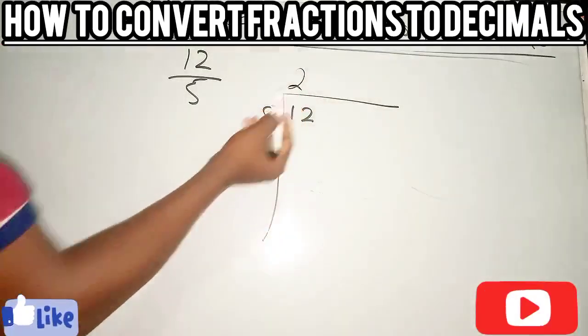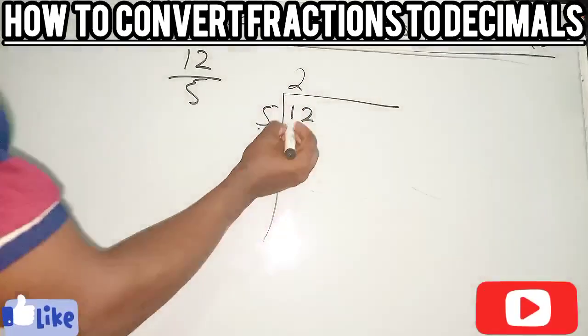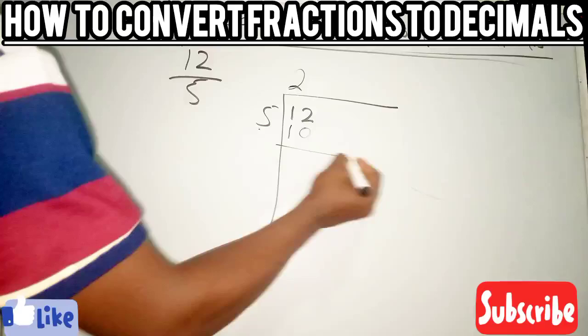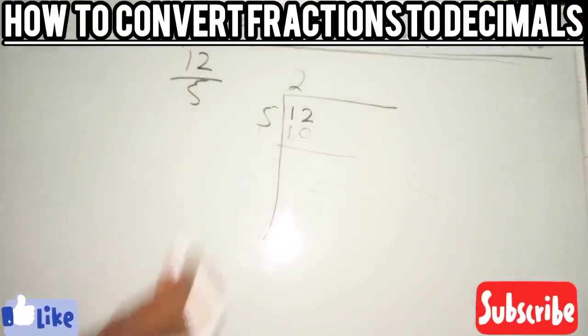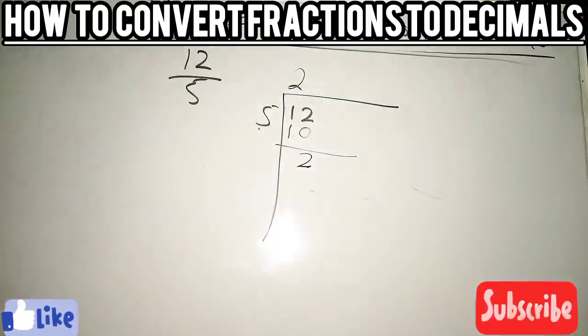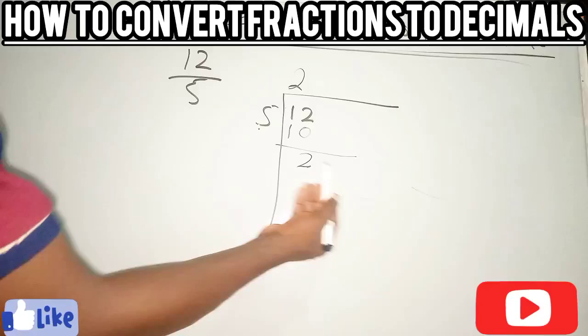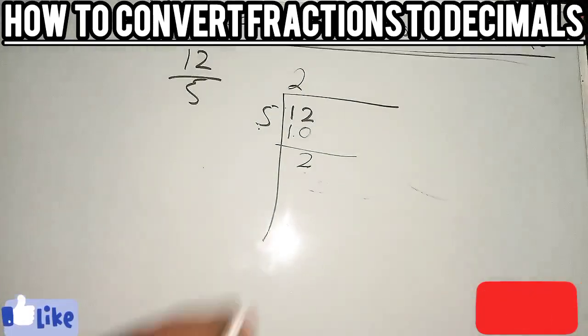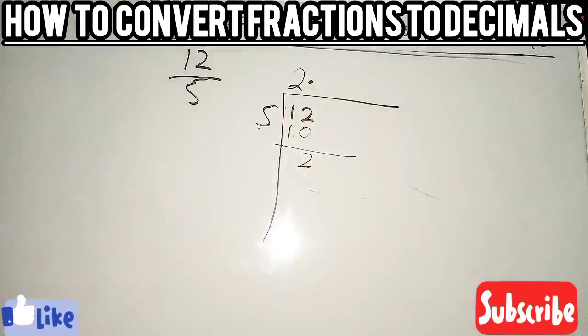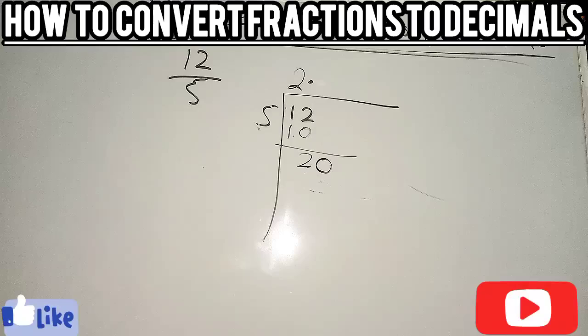So you have 2 to multiply the 5, and that will give you 10. So you have your 10 here. You subtract your 10 from 12, you'll be left with 2. Can 5 go into 2? No. Is there any number we can attach to this? No. So what do we do? You bring your decimal point. Then you add 0 to your 2 to make it 20.